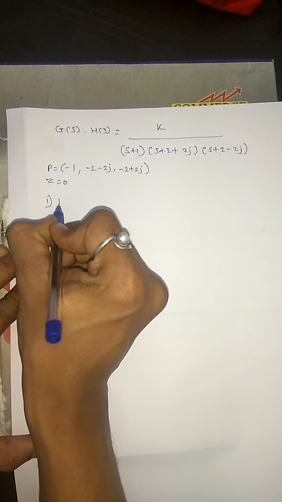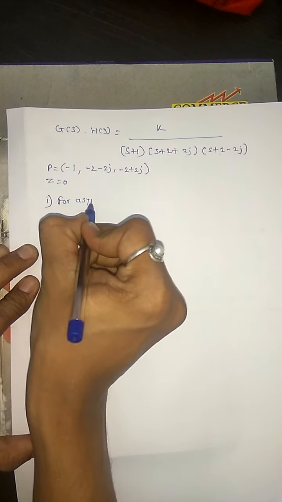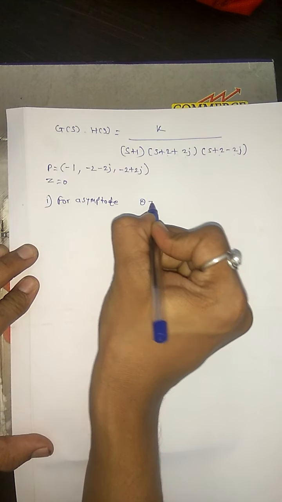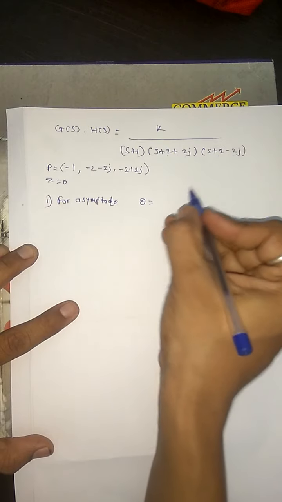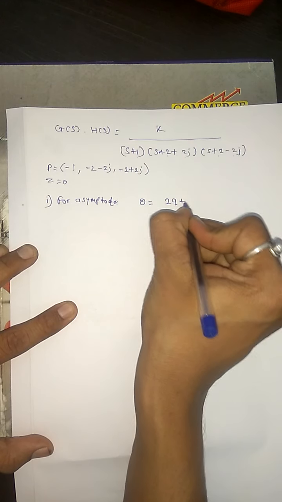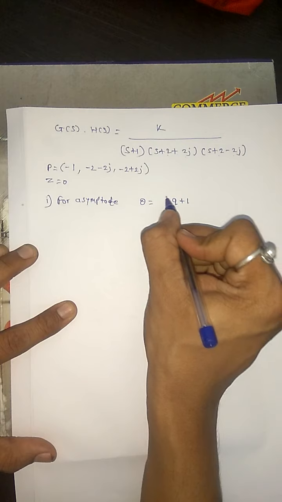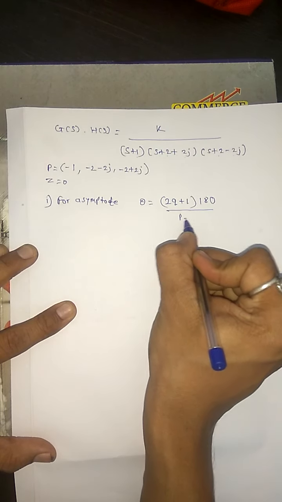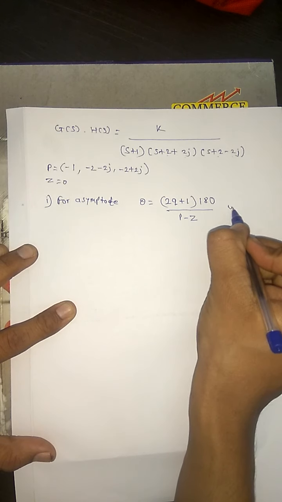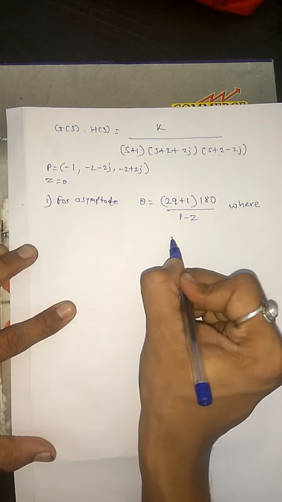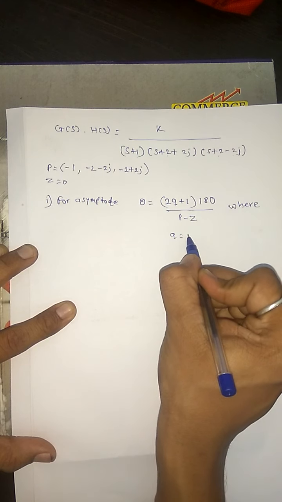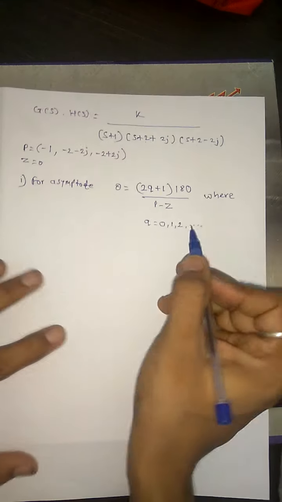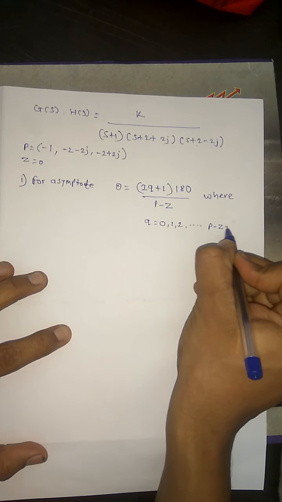First of all, for the asymptote we'll find the angle of asymptote. The formula is (2q plus 1) into 180 divided by (p minus z), where q starts from 0, 1, 2, up to p minus z minus 1.